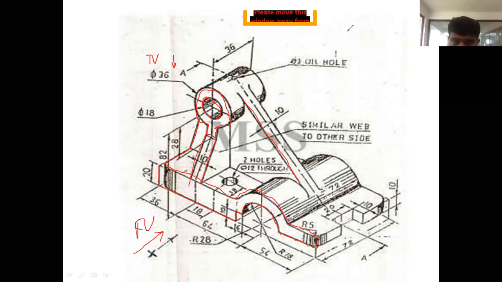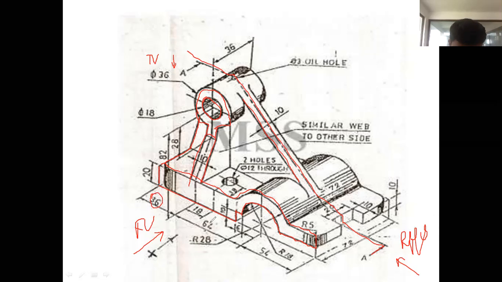Next, from this side we will have the RHS, right hand side view, through this section. The total length is 36, 64, and 54.